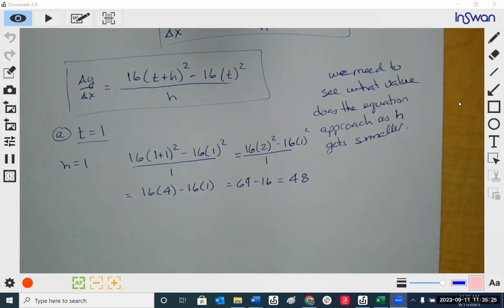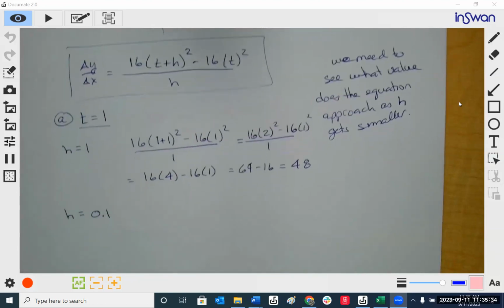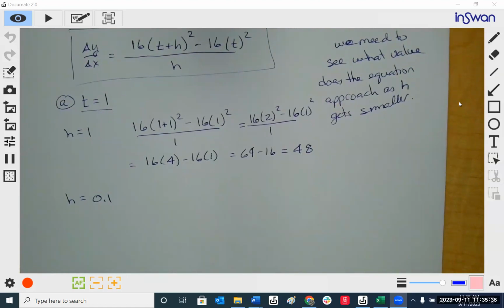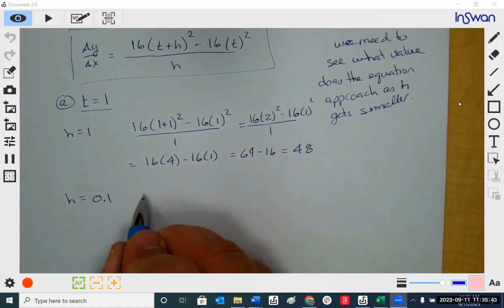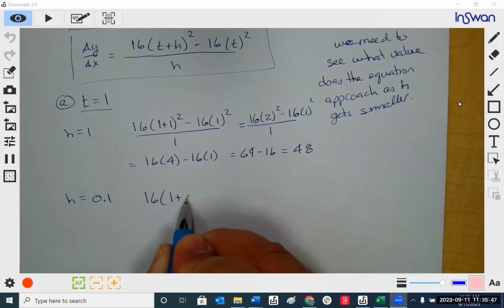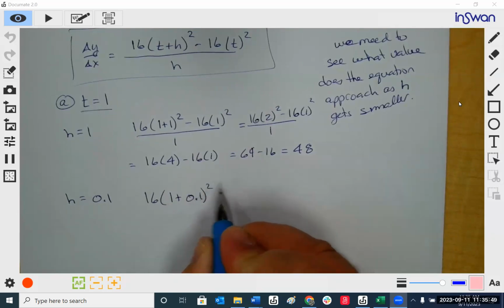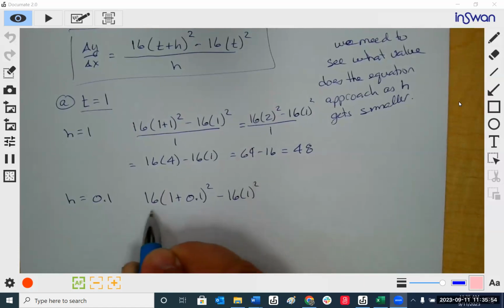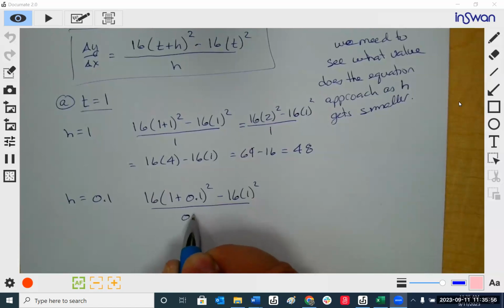Okay, that's when T1 and T2 are 1 second apart. What if h is equal to 0.1? So we have 16, t is 1, h is 0.1, squared, minus 16 times 1 squared, over 0.1.